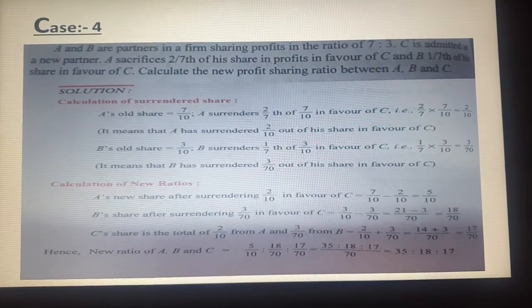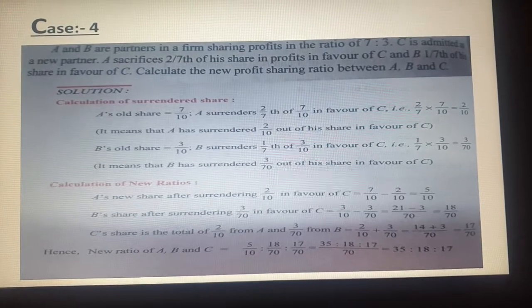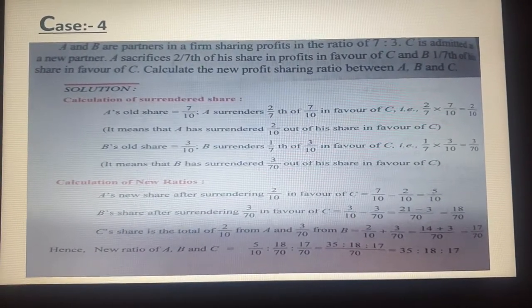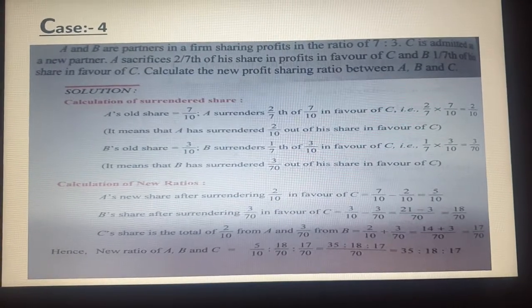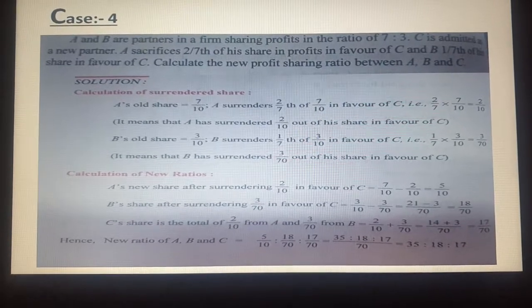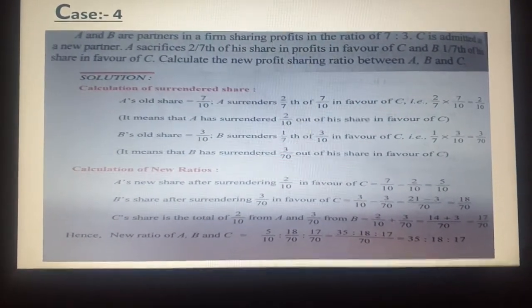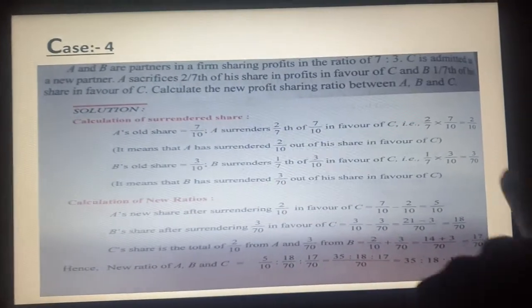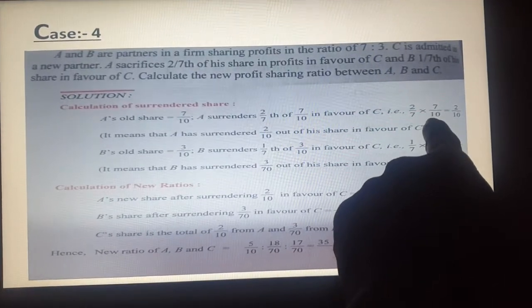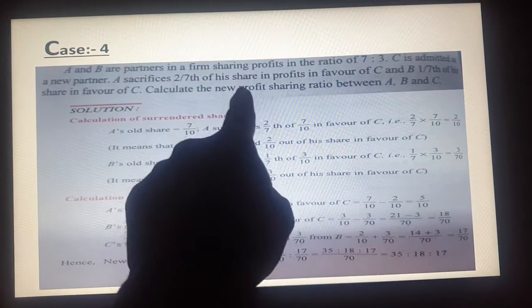First see carefully that A sacrificed 2/7 of his share.